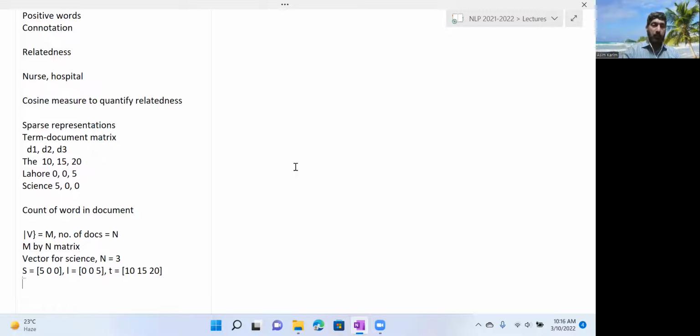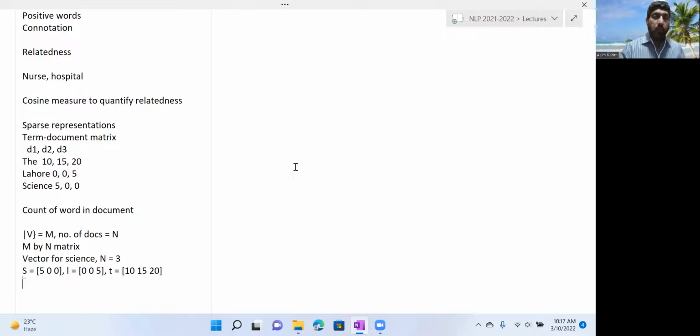For example, a document which typically talks about science would have science in it, but probably may not talk about Lahore, which might be commonly used in a document that is about, let's say, geography or politics and so on. On the other hand, a word like the, which is a commonly occurring word in English, would occur frequently in all the documents.